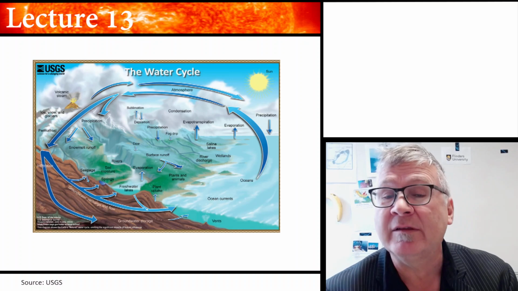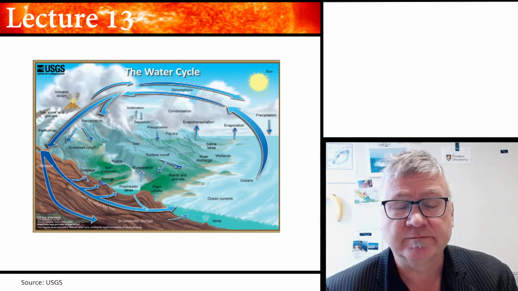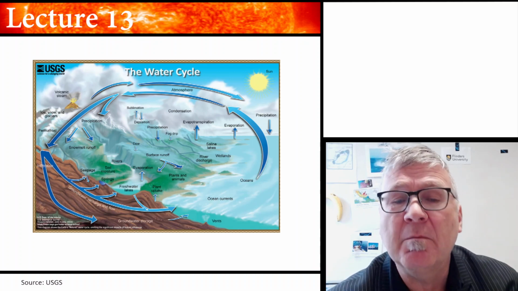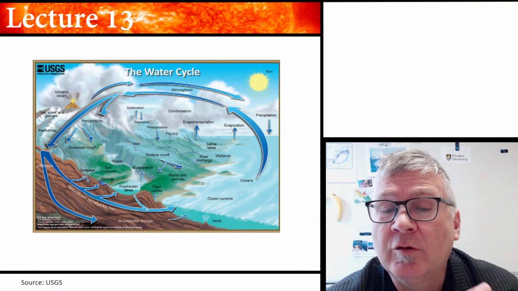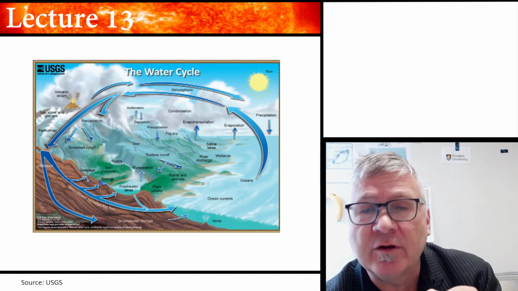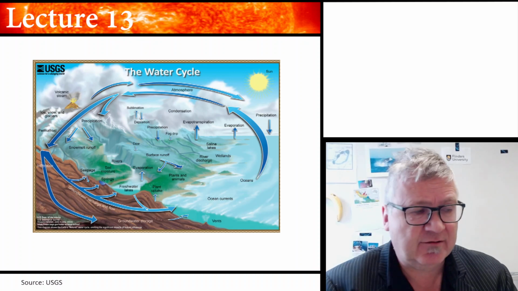We just look at the key features. We want to know the global water cycle, so we'll put some very simple numbers, not focusing on all the little details or spatial differences. We want to understand the key numbers, the key fluxes.